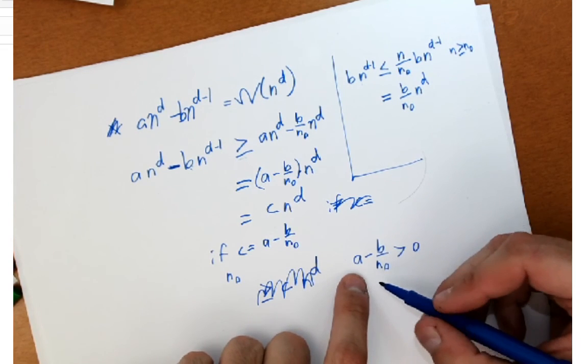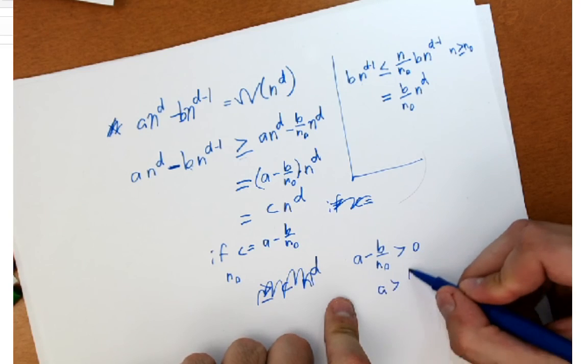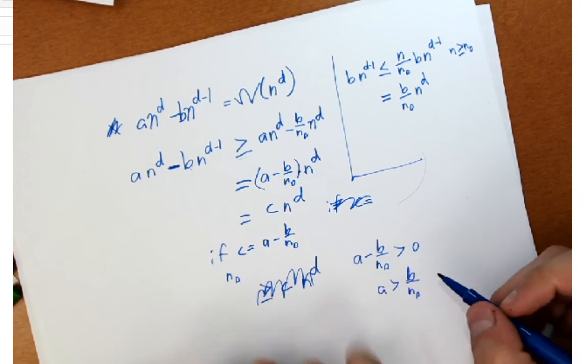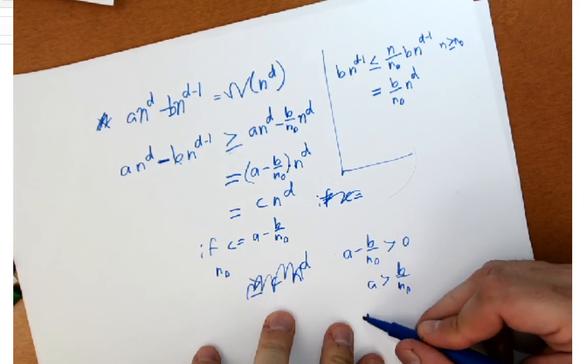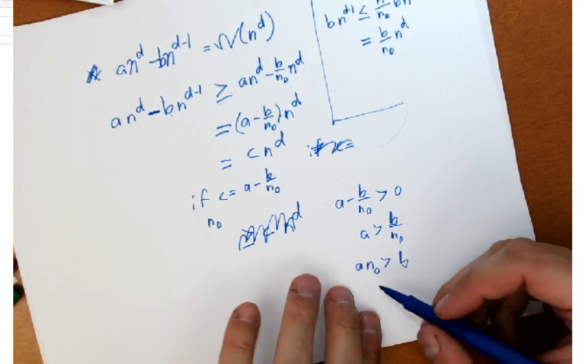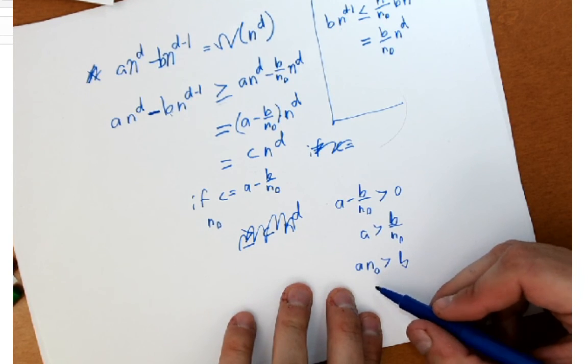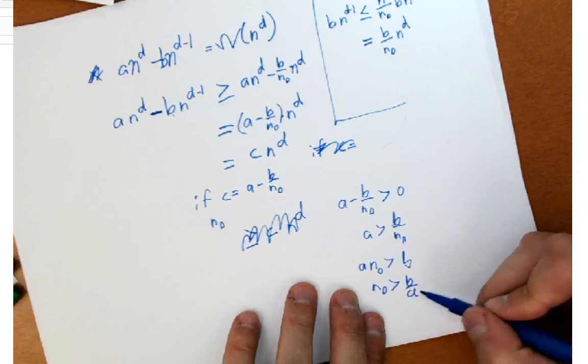We can add this to both sides. So a has to be greater than b over n naught, and we can multiply both sides by n naught. So a n naught must be greater than b, and then of course we can divide both sides by a. So n naught should be greater than b over a, right?